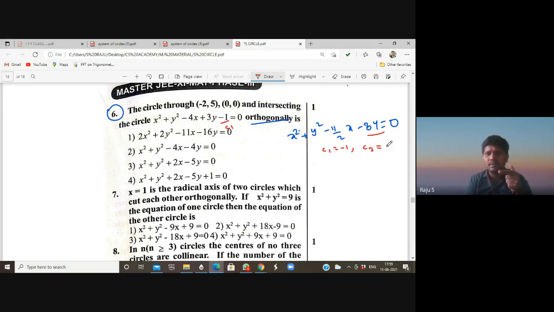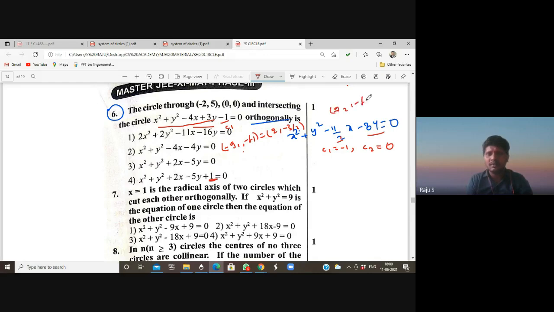In all the options, the last option alone has 1; c2 is 0 in this first option. And next, what is the center here? Minus g1, minus f1. I am taking the center of the given circle, that is 2 comma minus 3 by 2. And what is the center of this circle?